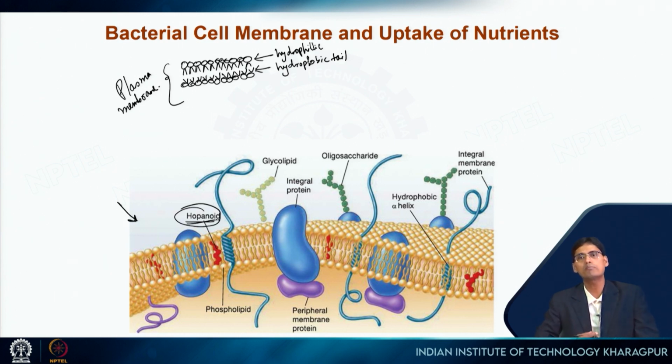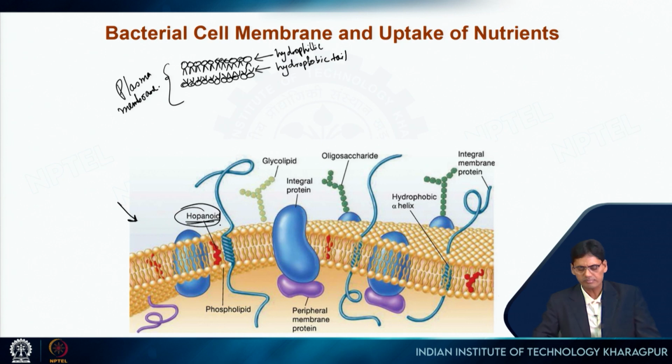For example, in our plasma membrane we have cholesterol, right? In bacteria, they don't have cholesterol. Instead of sterol, they have this hopanoid. It is very similar in structure to sterol, and it gives more flexibility to the membrane.